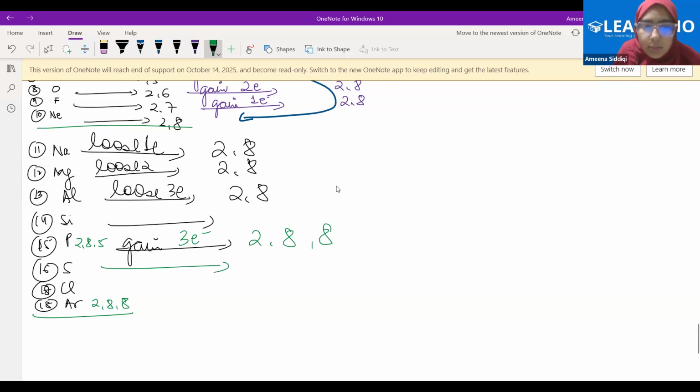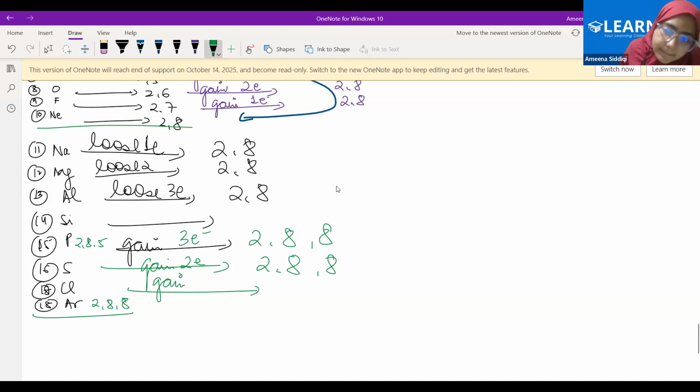Come to the sulfur. What will it do? Gain 2 electrons. Excellent. Ali, what will chlorine do? It will gain. How many? Tell me the electronic configuration of chlorine, Ali.